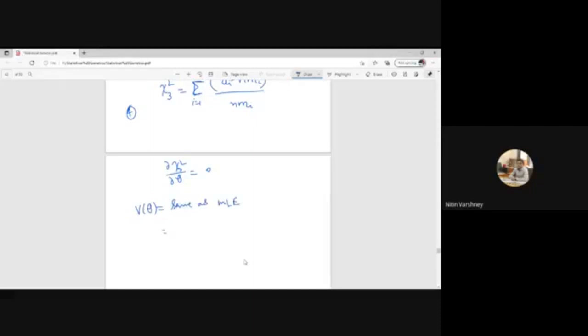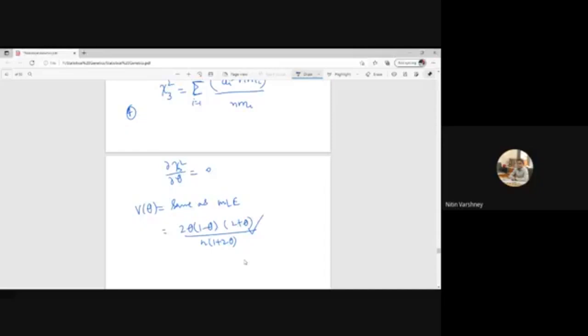The same variance will come, that is 2 theta (1 minus theta) squared (2 plus theta) upon n (1 plus 2 theta). The same expression will come. So we can say that the chi-square method as well as the maximum likelihood method will have the same efficiency.